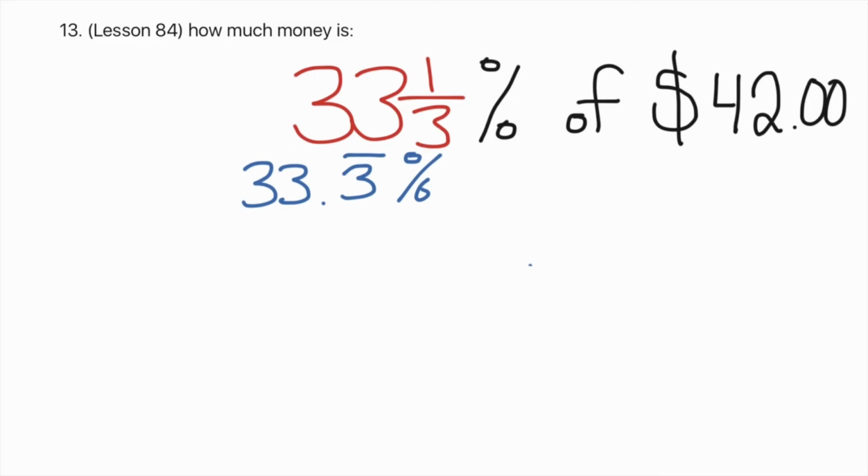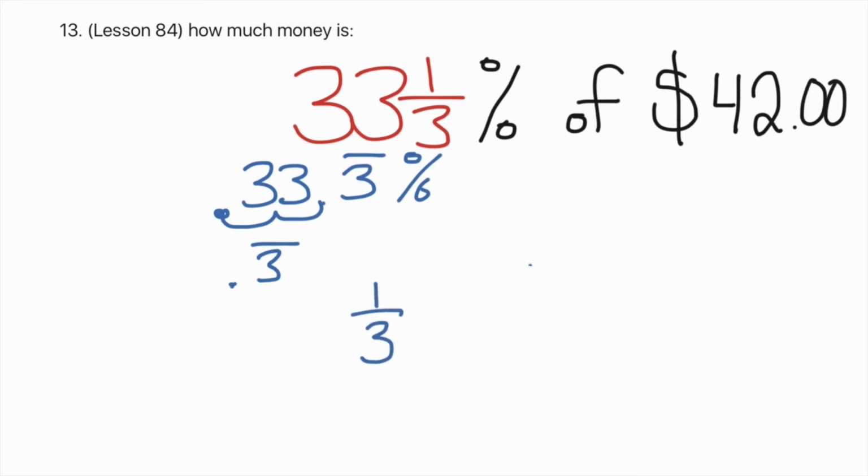And now we can take this and turn it into a decimal. So we're going to take it from a percent to a decimal, and we do it just like we did the other one by moving our decimal place 2 places to the left. So now we can see our decimal is 0.3 continuing. And again, we wouldn't want to do a multiplication problem with something like that. So instead, we are going to turn 0.3 continuing into the fraction 1/3.